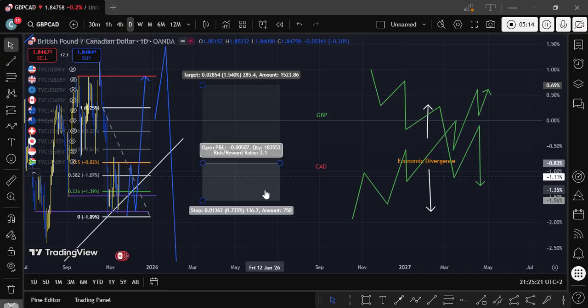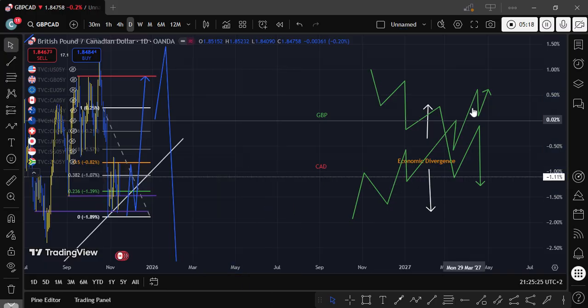Normally when this happens, it happens because the macroeconomic reports are coming in at opposite times. Like one currency becomes bullish this month, and the other currency starts gaining strength.